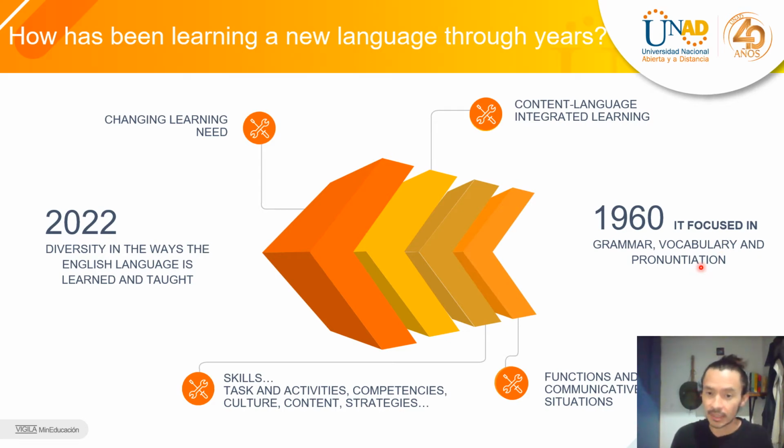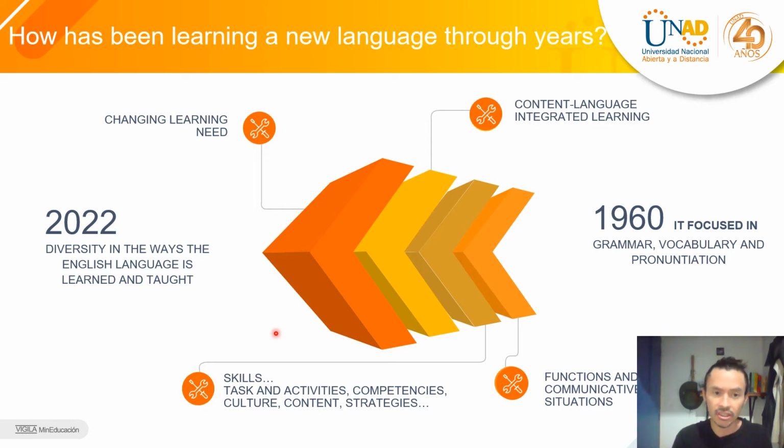As time has passed, the knowledge has increased and we understand things better, then we're implementing other ways to teach, such as content and language integrated learning, functions and communicative situations, and skills: reading, speaking, writing, and culture were important topics to understand another language.